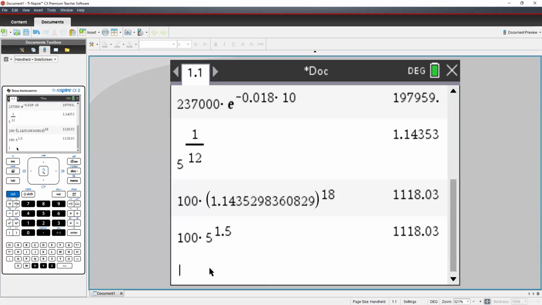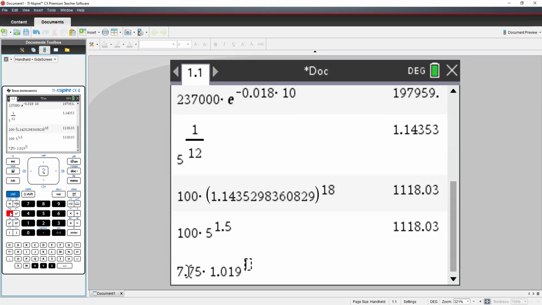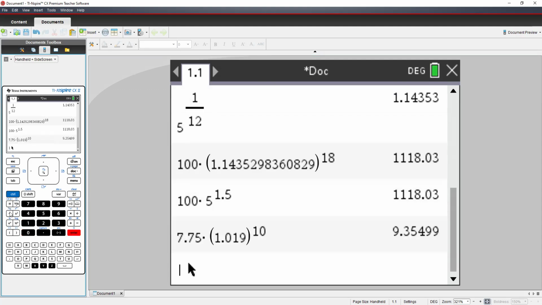That was 7.75 times 1.019, because that's what that's going to add up to, raised to the 10. And you get 9.3459. I think on the homework, they just have you rounding to the hundredths place.